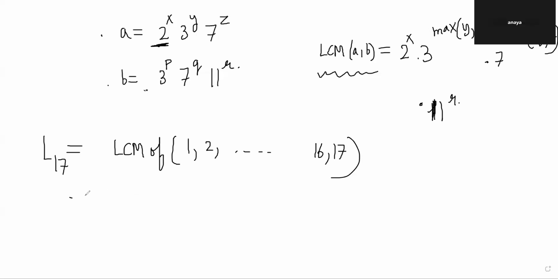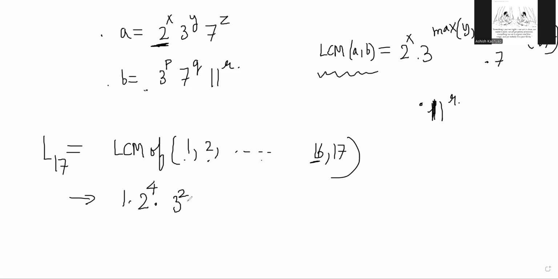So in the LCM of all of these numbers, we can write the prime factorization of each of them and take the higher powers. So 1 into 2 power 4. Notice 16 is 2 power 4. You can't have anything less than 2 power 4 here. 9 is 3 squared, so you can't have anything less than 9, because 3 squared has to be there at least.